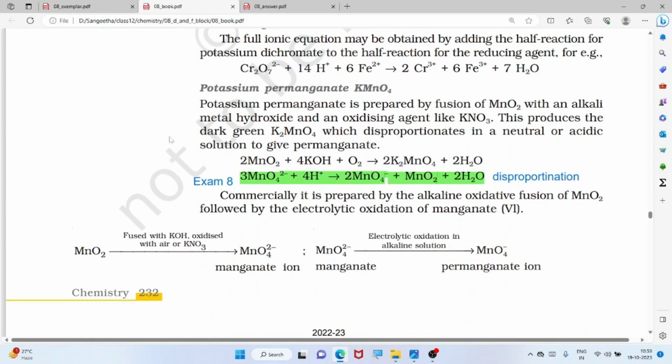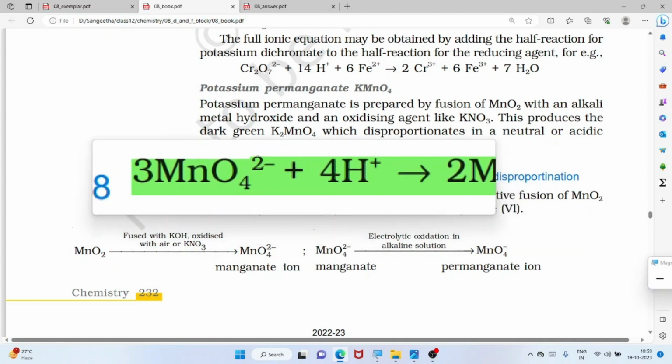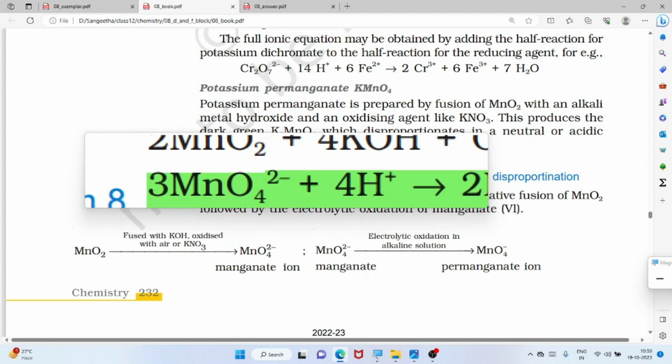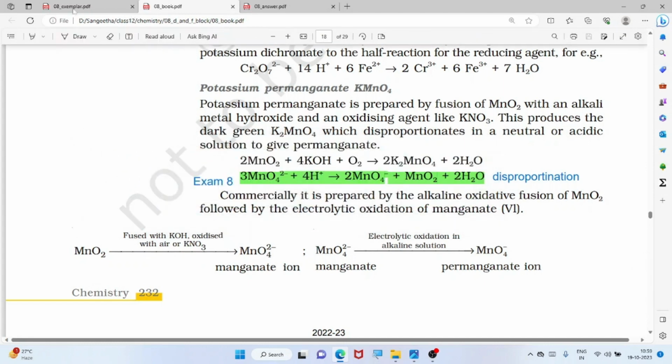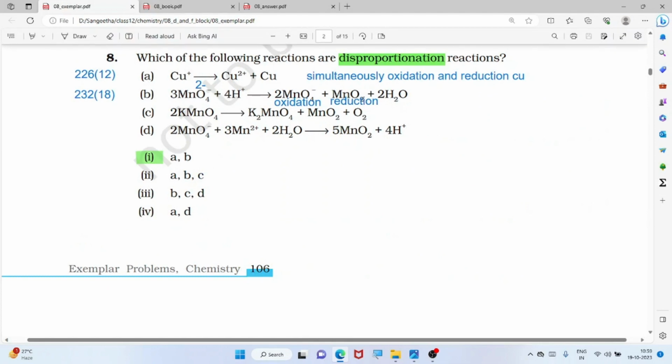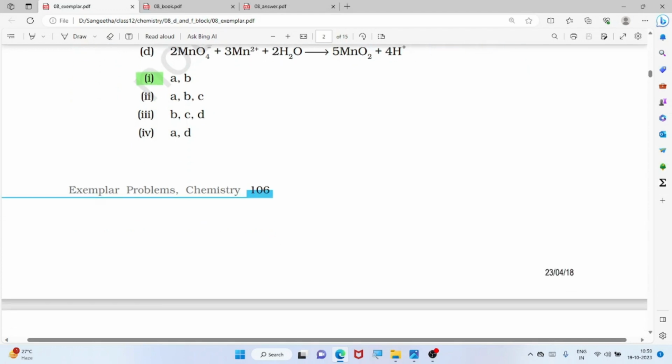There is a typo in the book. So A and B both are disproportionation reactions. Oxidation and reduction take place in both the reactions.